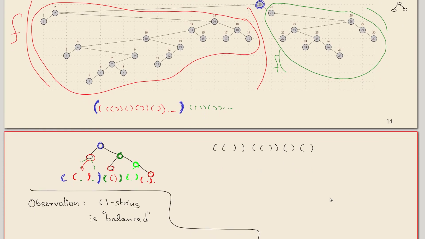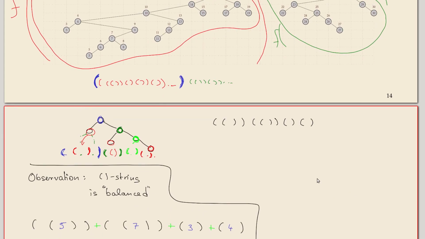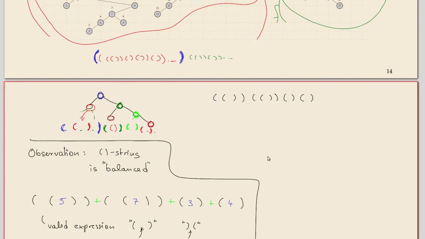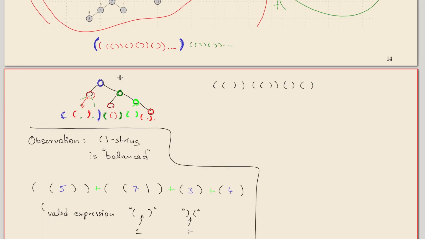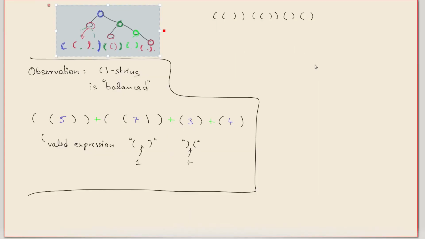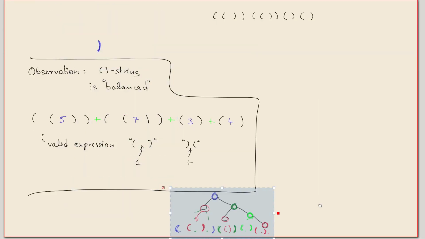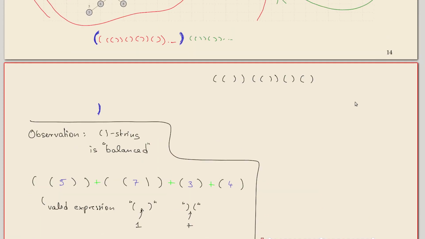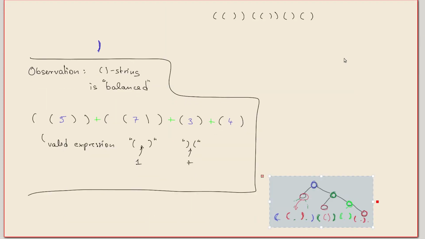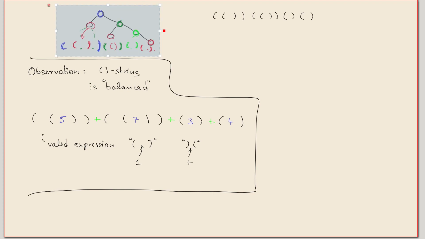Okay, but our actual task here was to show that we can reconstruct the binary tree just looking at the parenthesis string. So try not to look at this one. Maybe I'll just take it away for the moment, and we pretend it's not there. So I'll move it down here. Oh, I should have moved all parts. Let's try to do that again.